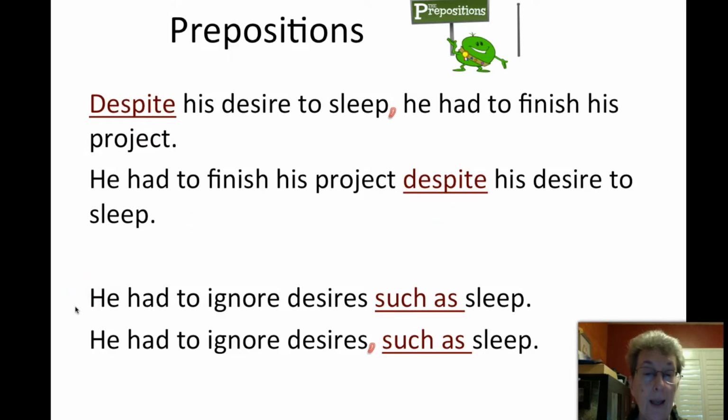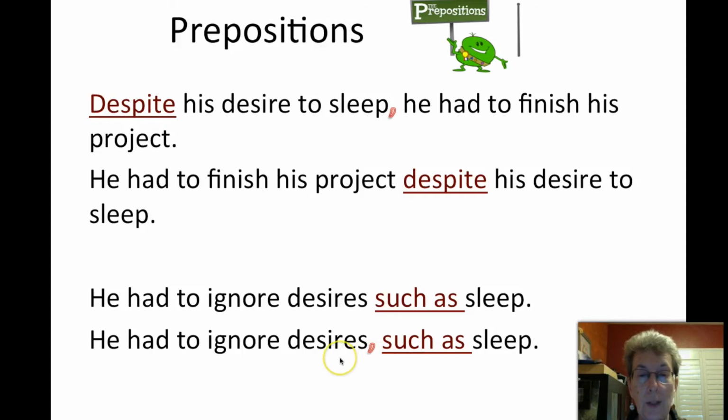Okay. Oh, what do we have down here? He had to ignore desires such as sleep. He had to ignore desires, comma, such as sleep. Now both of these are actually correct. One of them is not a mistake, but the meaning is slightly different. In a non-restrictive clause, like this second one, you use a comma.